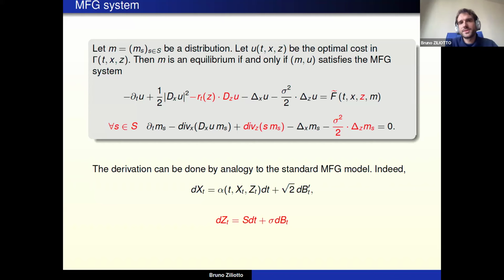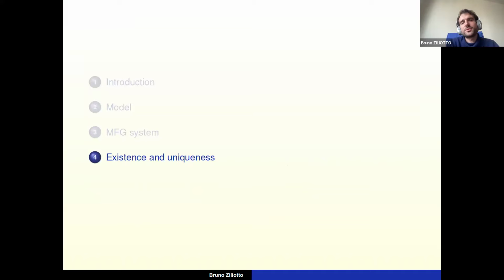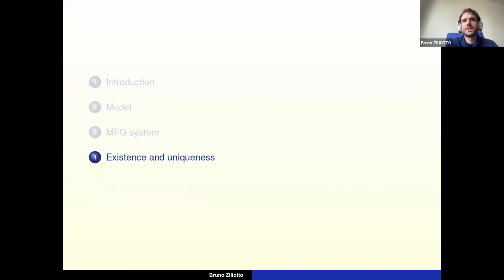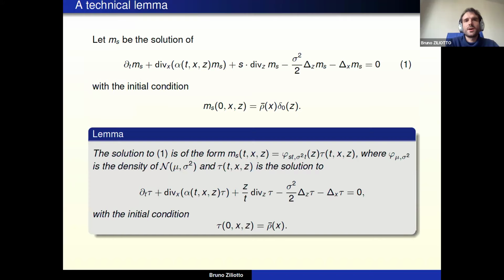So somehow in the first equation, what is important is the expectation of S, and in the other equation, it's S itself. So that's why we don't manage to put them together into a general system written on X, Z. So in particular, if we want to talk about existence and uniqueness, we cannot just apply directly some results that exist for the classic MFG system.